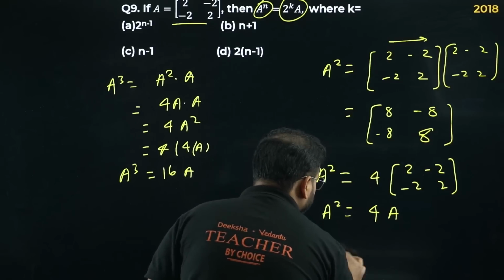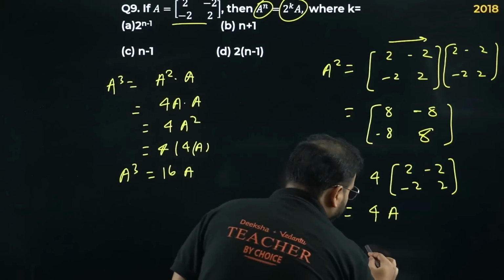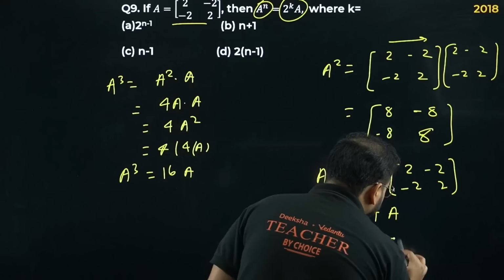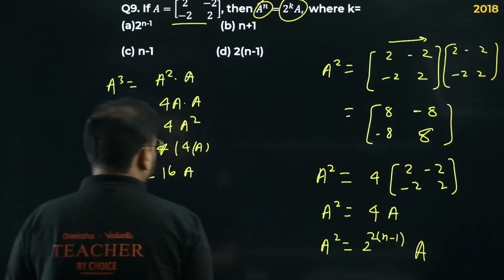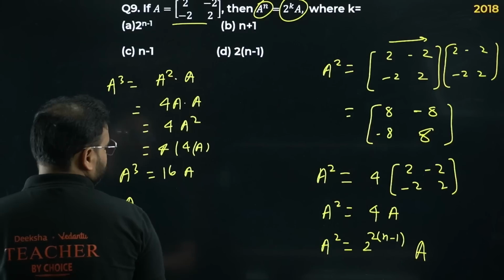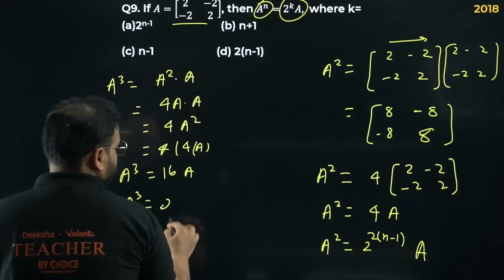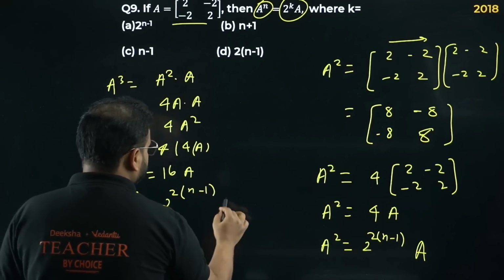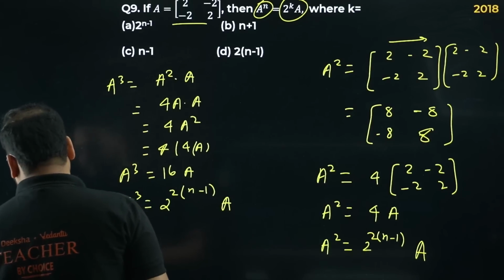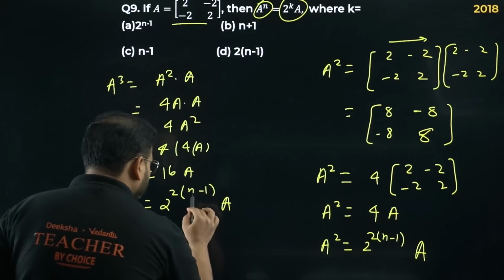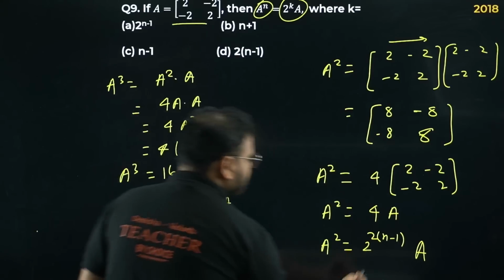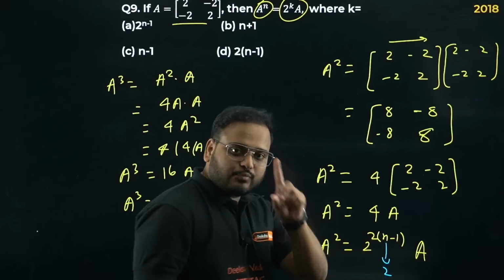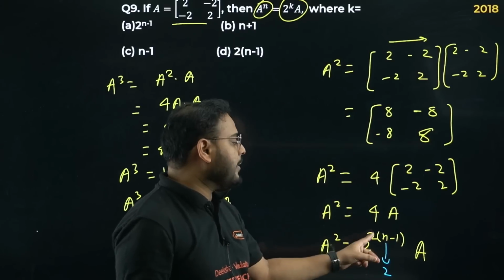So I can write this a square as 2 power 2n minus 1 times a, and this also I write the same thing, a cube again as 2 power 2n minus 1 times a, where in this case I have n value as 3, and in this case I have n value as 2. Check this out. 2 minus 1 is 1, 1 into 2 is 2, 2 power 2 will be 4.